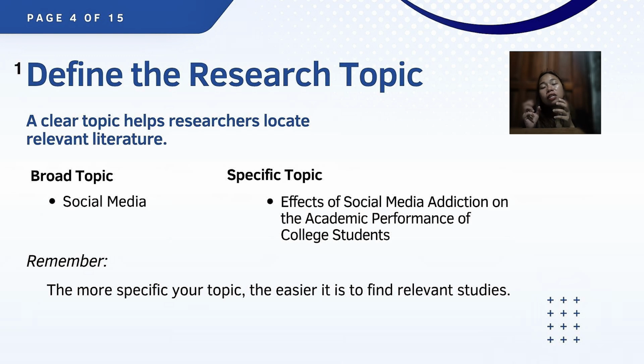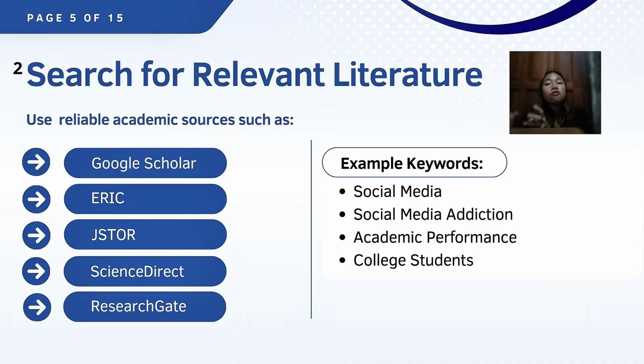Now, once you've clearly defined your topic, the next step is to search for relevant literature. Remember, the quality of your literature review depends on the quality of the sources you use. That's why researchers use academic databases instead of ordinary websites.